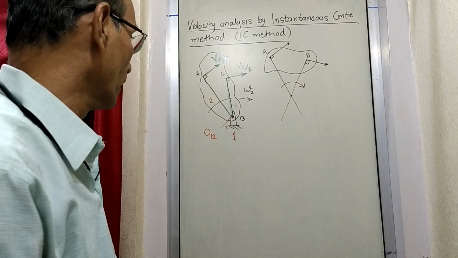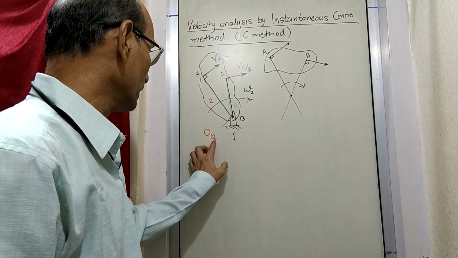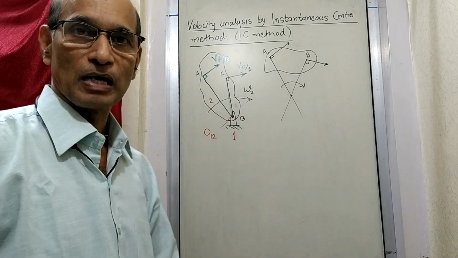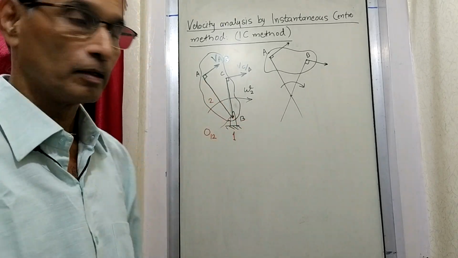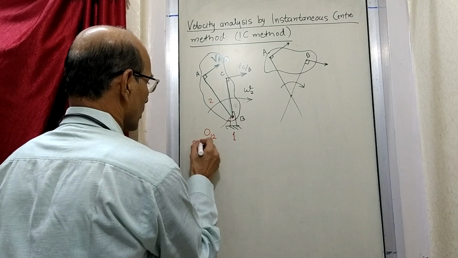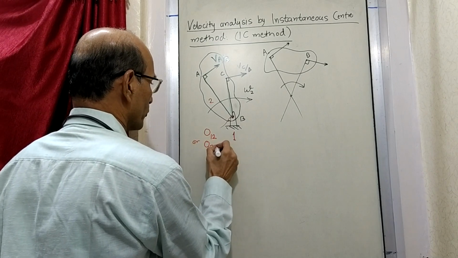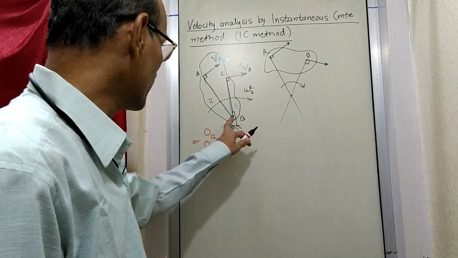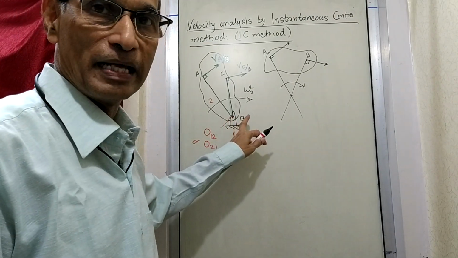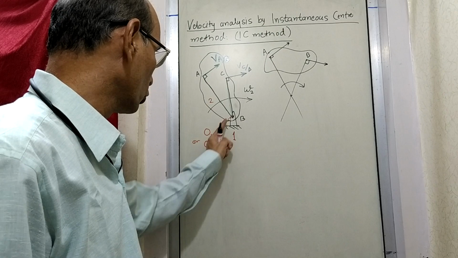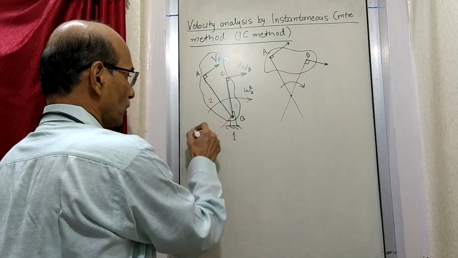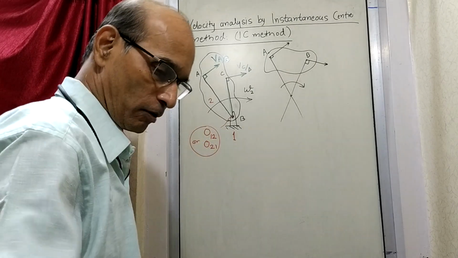Instantaneous center is denoted by the letter O, and 1 and 2 are the two numbers representing the two links which are connected here. It can also be written as O21. So order is not important. 1, 2 and 2, 1 are the same. So this instantaneous center has the name O12 or O21. Okay, so this is the notation which you have to understand and remember well.